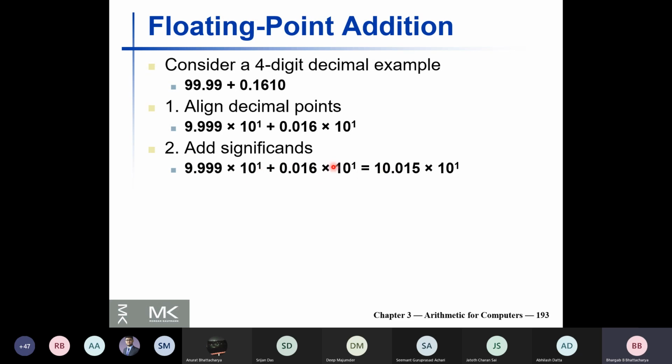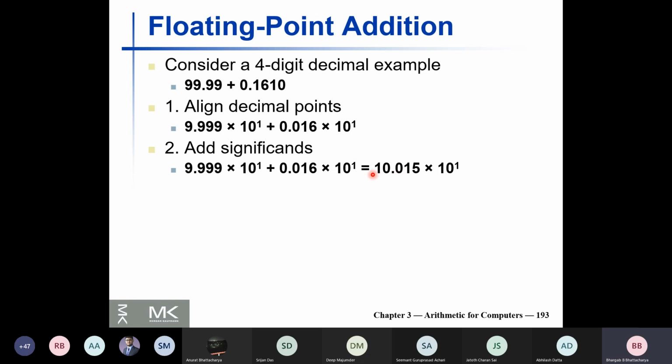Because now you can factor this out, and so this plus this, and you factor this out. So keep on adding these two numbers, and it becomes 10 to the power 1, fine. But now, when you talk about normalization, it means that on the left of the decimal point, I should have only one digit. But because of this addition, this normalization has been invalidated, or perturbed.